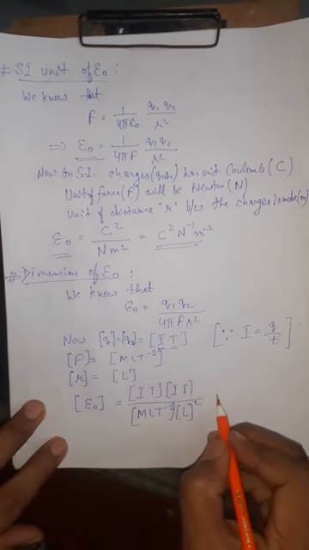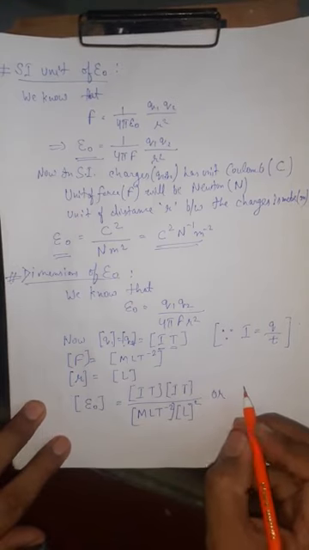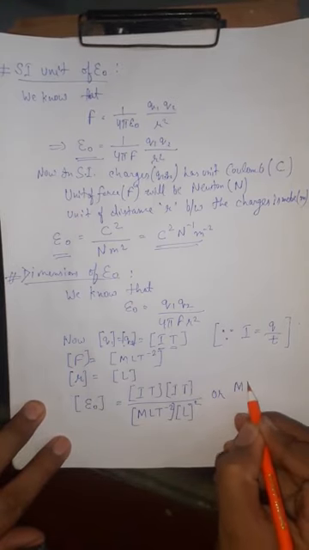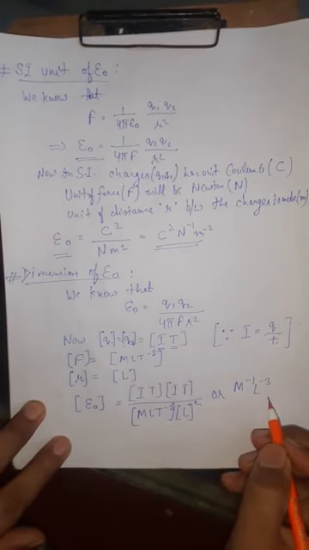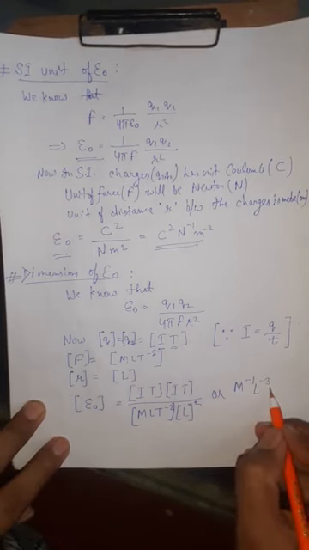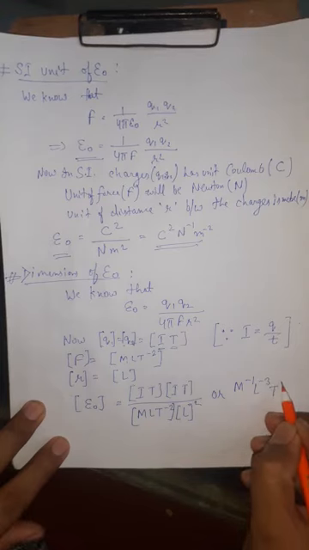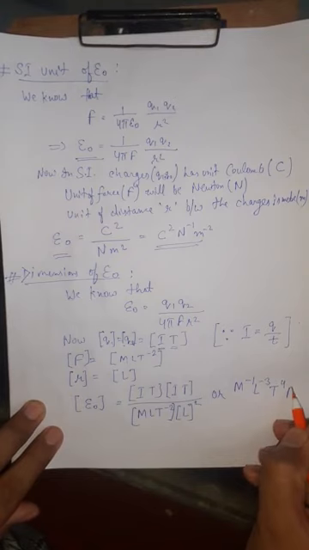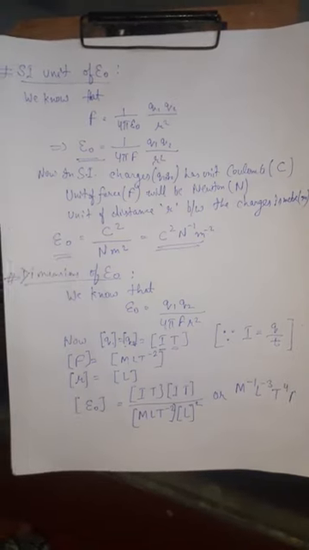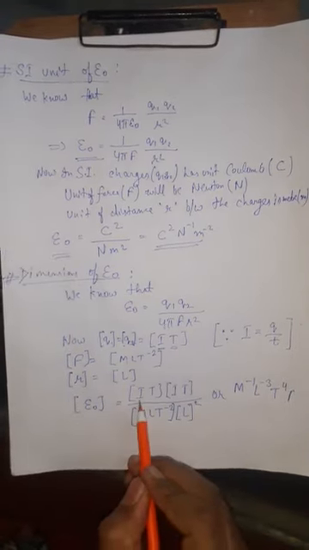So we will get M minus 1 L minus 3 T to the power 4 A square.